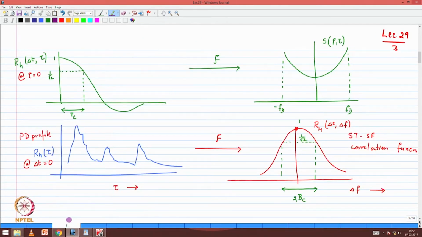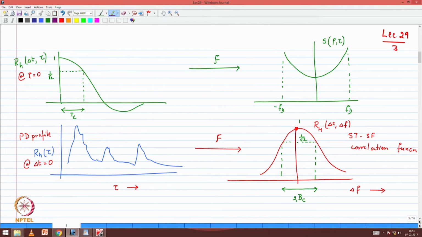The pictorial representation also helps us greatly. This is the time domain autocorrelation function. We showed that it's a stationary function. Its Fourier transform is a Doppler spectrum bounded by plus minus maximum Doppler frequency.